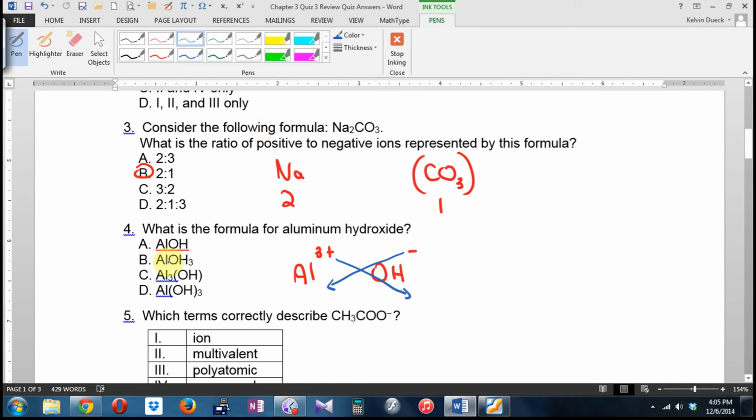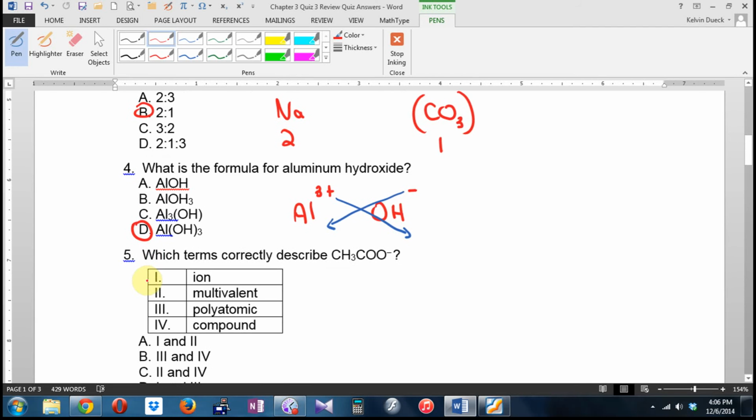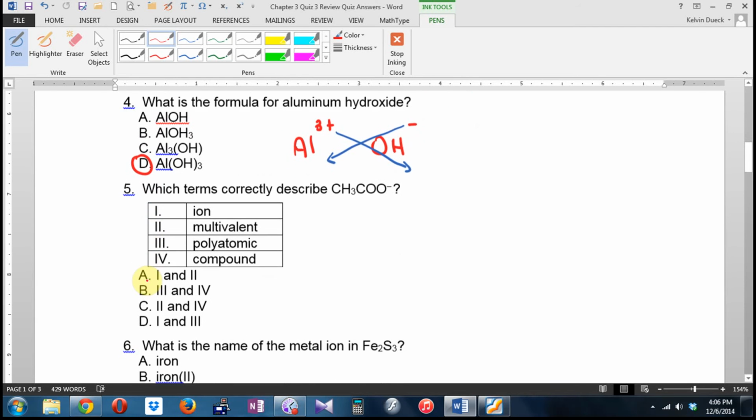It's going to be 1 aluminum, 3 OHs. Now, this is saying only 3 H's. That 3 there is not on the OH. You know what? I got to put the polyatomic, oh, Mr. Dueck, let's go back to red to be consistent. D, that is aluminum hydroxide. You'll need 3 hydroxide polyatomic ions for every atom of aluminum.